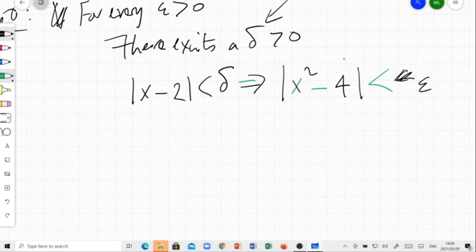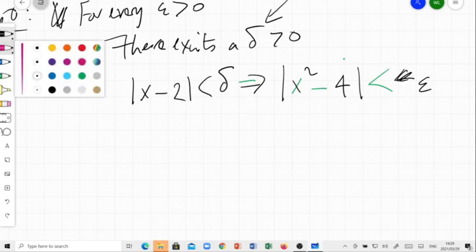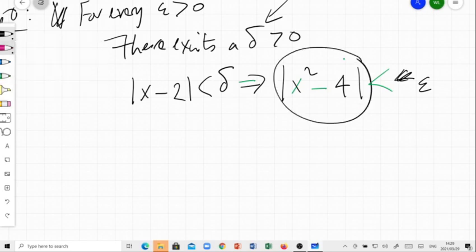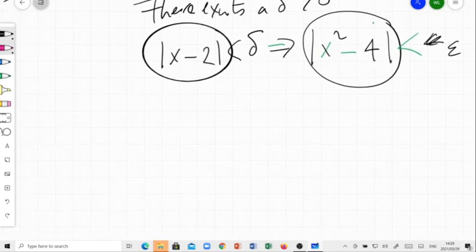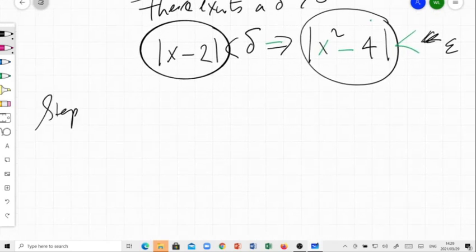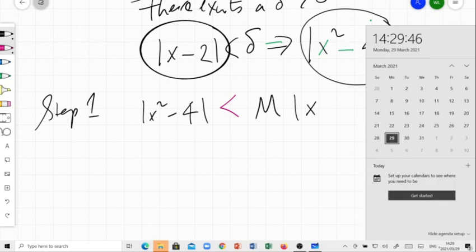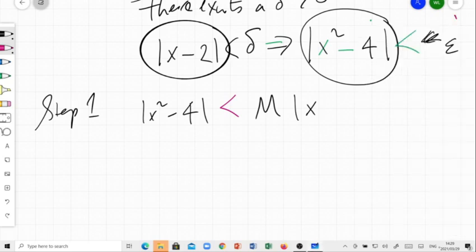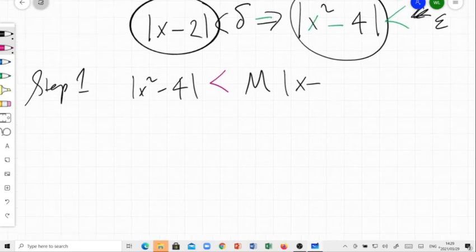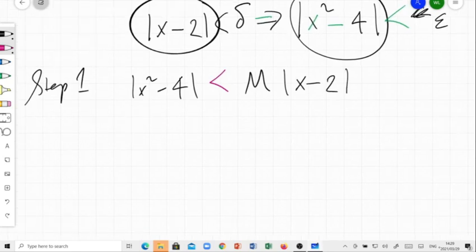Now when you write out the formal definition of the limit, you actually end up with two distances, this one and this one, right? So step 1: write the distance between the image, which is x squared, and the limit as a multiple of the distance between the pre-image x and your point of approach 2.